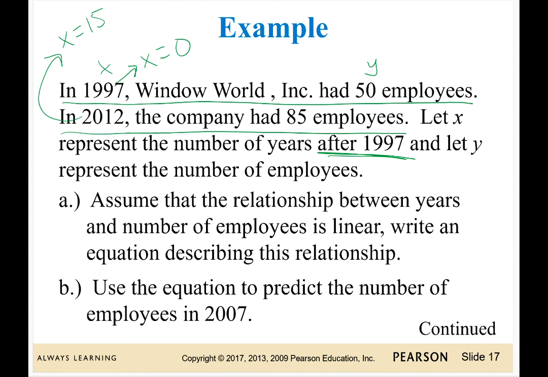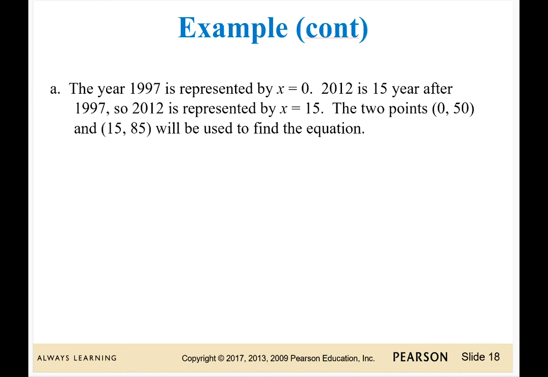So let me get a new slide here so we have some space. Okay, so here are 2 points, (0, 50) and (15, 85). So we are going to use those to find the equation. All right, so first thing I need to do is find slope. And I'm getting, this will be my x1 and y1, and this will be my x2 and my y2.